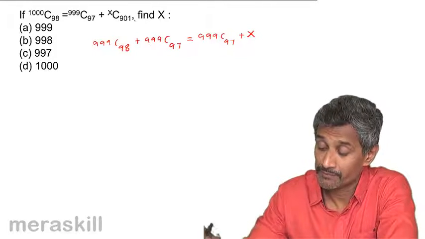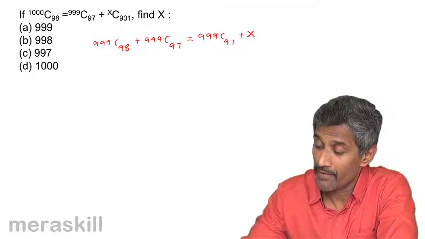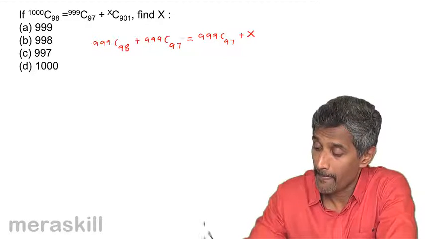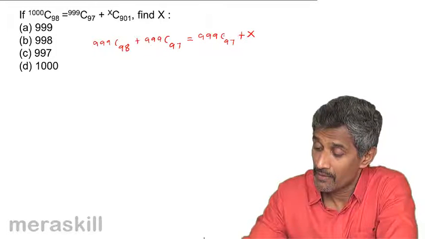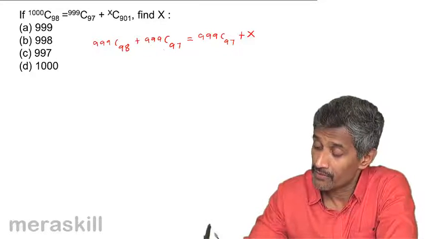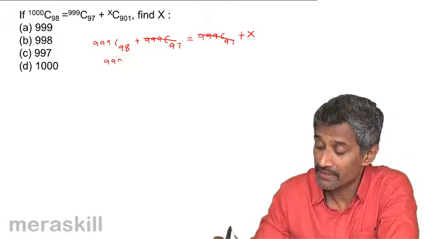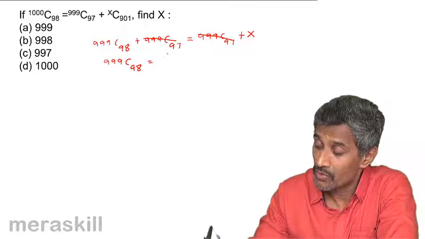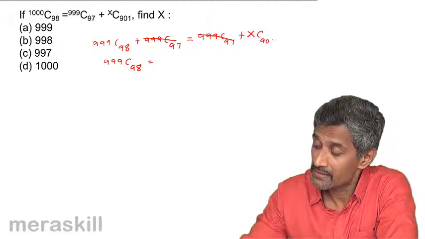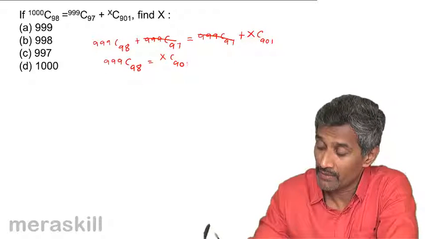Now, find X. If you see here, this and this get cancelled, so you have 999C98 is equal to XC901.